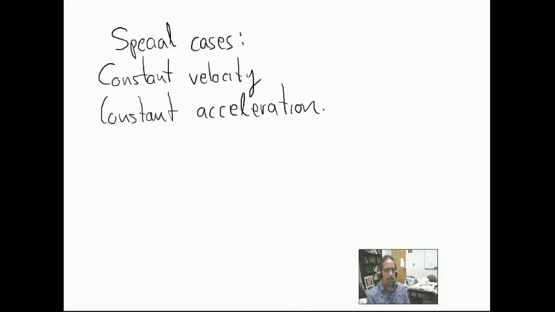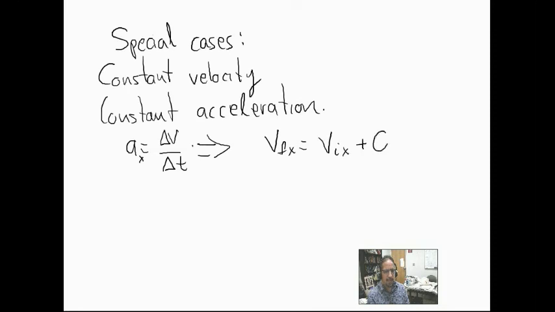Mainly, the first one, if you have a constant acceleration, you can simply rearrange this equation that you have, delta v over delta t, and you obtain relationships of the following form: v final in the x direction is equal to v initial in the x direction plus the acceleration times delta t. So let me call this equation 1. And this is always true as long as your acceleration is constant.